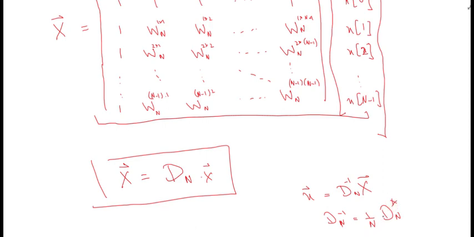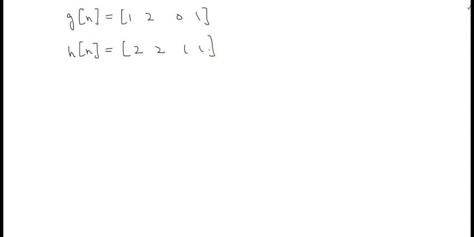Now let us do an example so that we can understand the utilization of these expressions. For example, you have a signal g of n is equal to 1, 2, 0, 1, and you have another signal h of n, it has 2, 2, 1, 1, and you want to calculate its discrete Fourier transform.